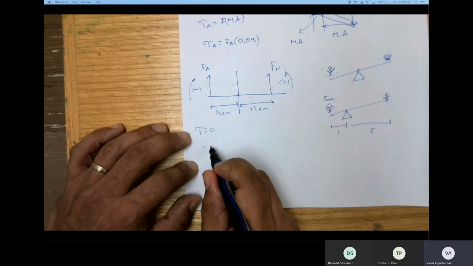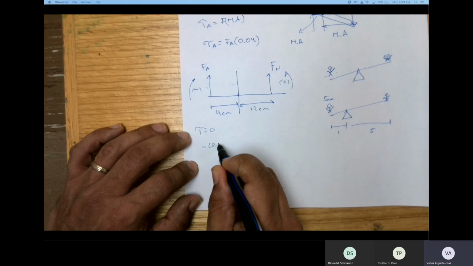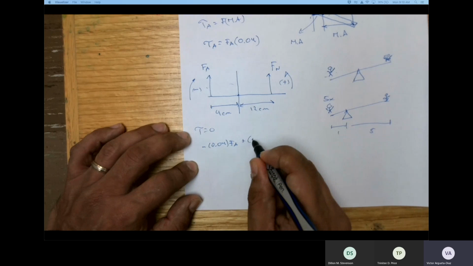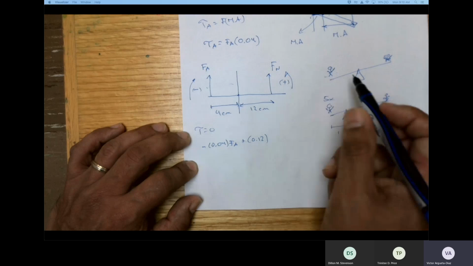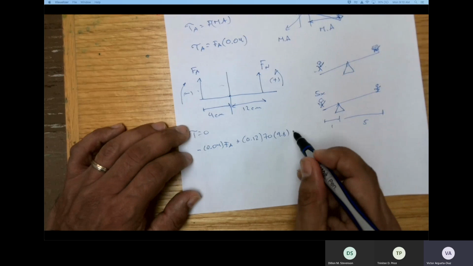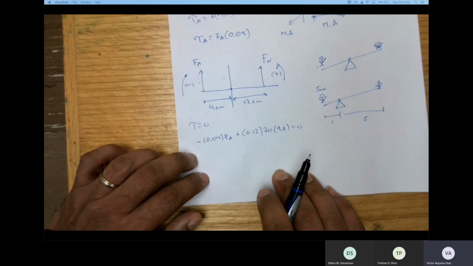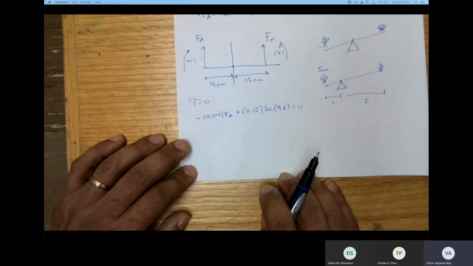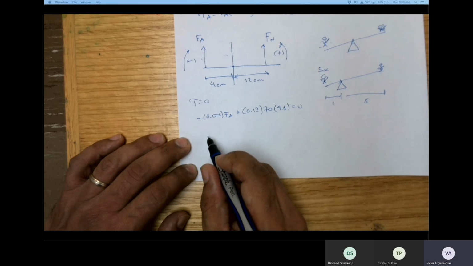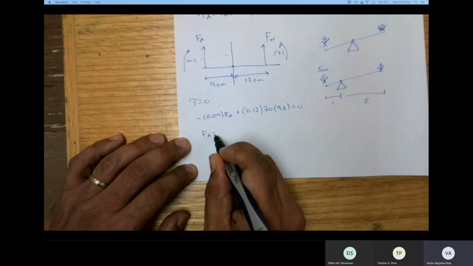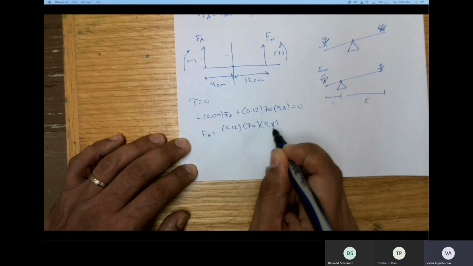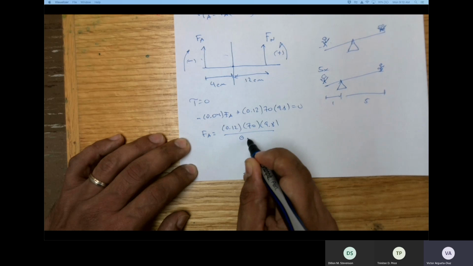So I'm going to have minus 0.04 times the force of the ankle plus 0.12 times the normal force, which is 70 times 9.8, and that's equal to 0. Okay, so solving for the force, I'm going to have 0.12 times 70 times 9.8 over 0.04.